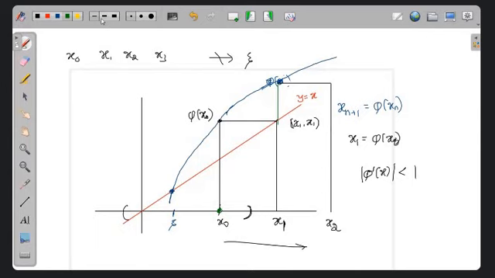Suppose you find that at some portion, let's say from 0 to 0.3, it is more than 1, but from 0.3 to 1 it is less than 1. In that case, if you believe that the root is here using the intermediate value theorem, you pick up your initial approximation from this interval only. Don't pick up from the other place where the derivative is not less than 1.